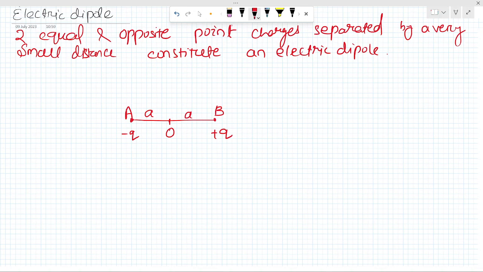So these two charges minus Q and plus Q constitute an electric dipole.